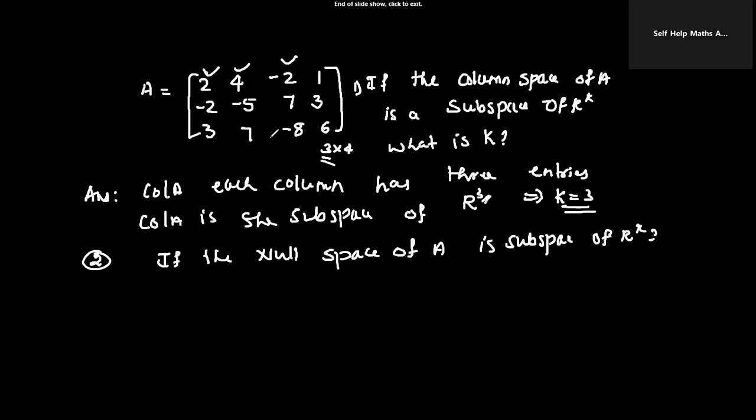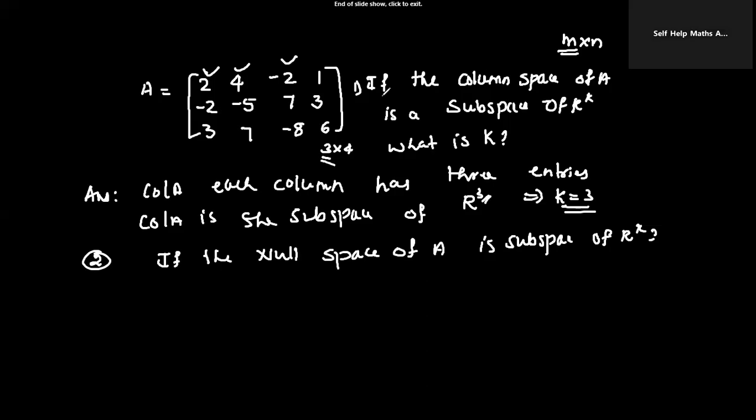We know that whenever you have an m cross n matrix, your column space is a subspace of Rm, whereas your null space is a subspace of Rn.